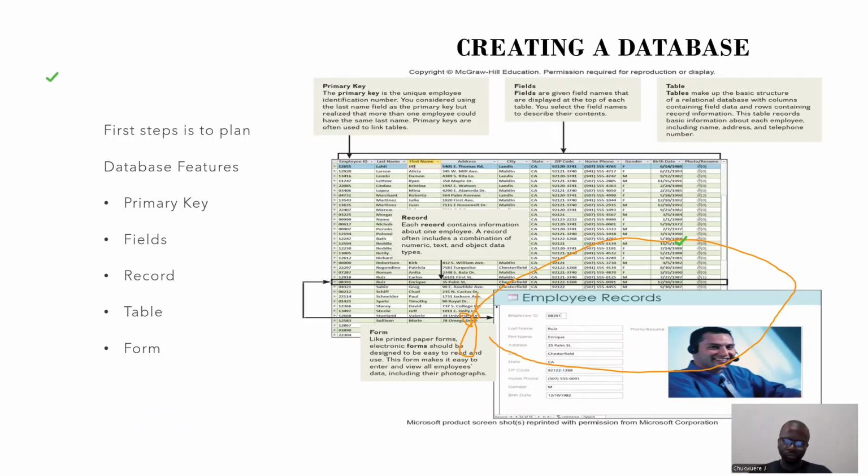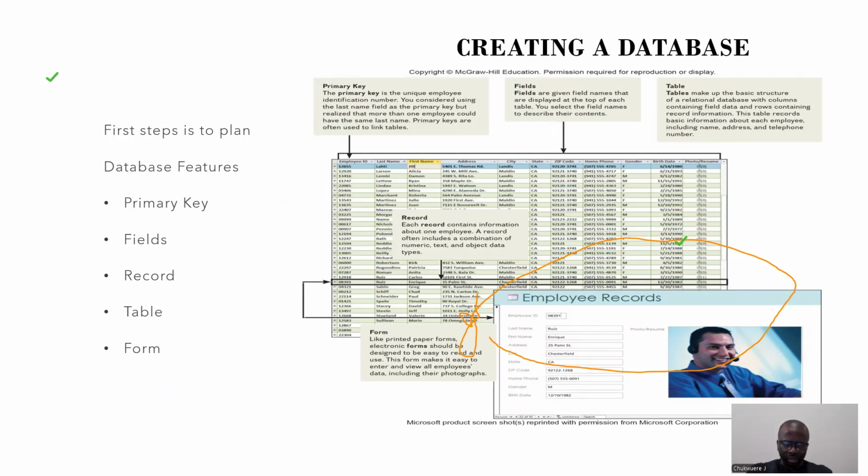A table. Then you have your record, which will contain information about a person, about a single individual. So let's take an example, you can see on this table, just go down, you can see here, this person, the employee number is that, and look at the record.